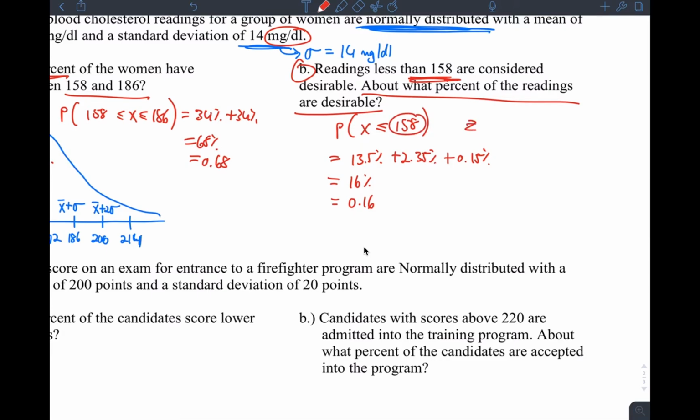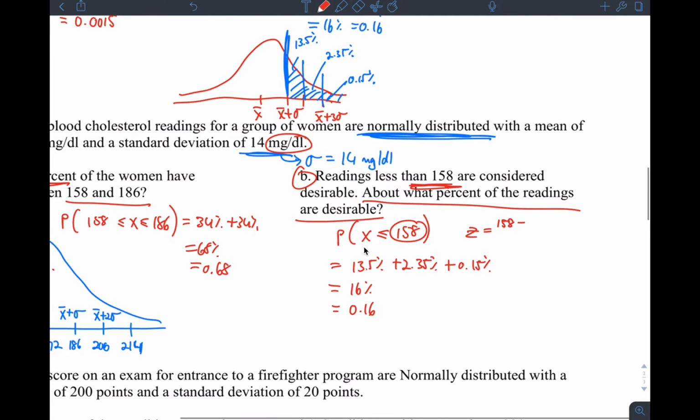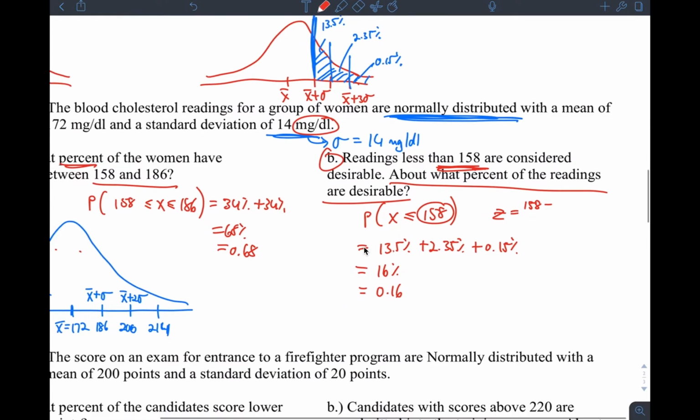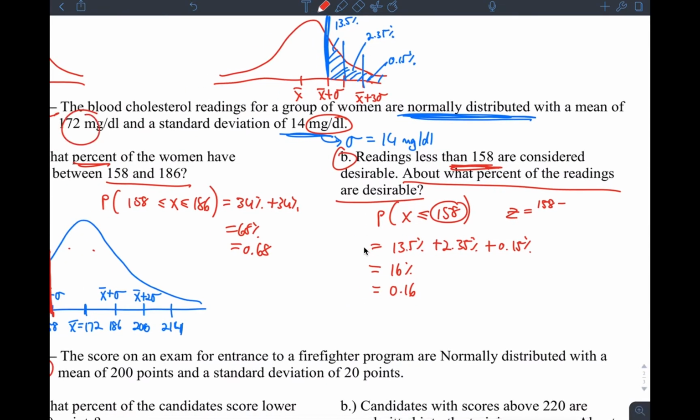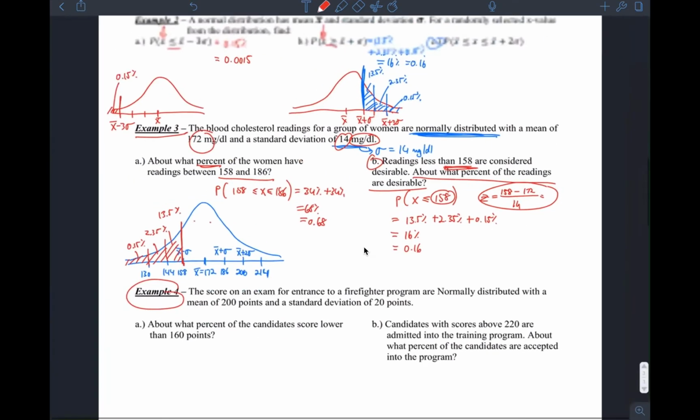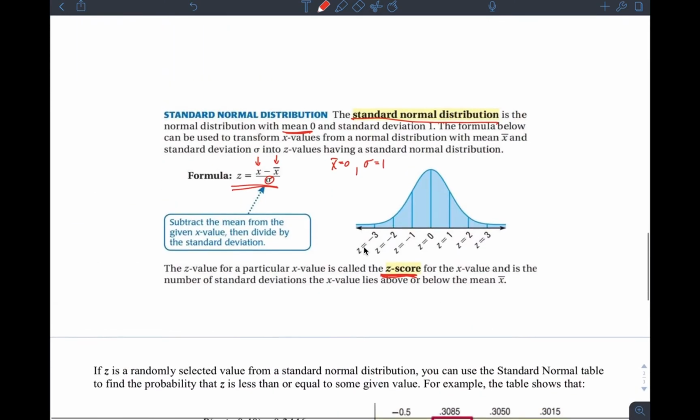Z equals this particular x value I was interested in, minus the mean for this distribution, which was 172, divided by the standard deviation, which was 14, and I can turn this into a z-score. You can do that for any normal distribution. You can standardize it and get the standard normal distribution and figure out where this would be relative to the mean and standard deviation of the standard normal distribution.